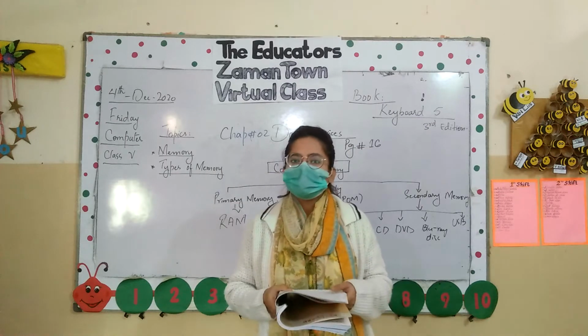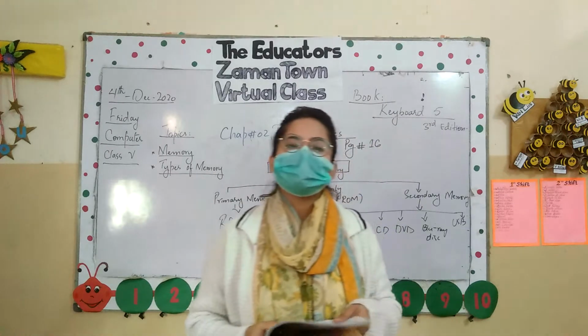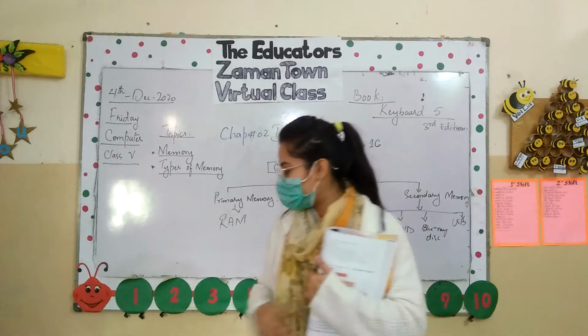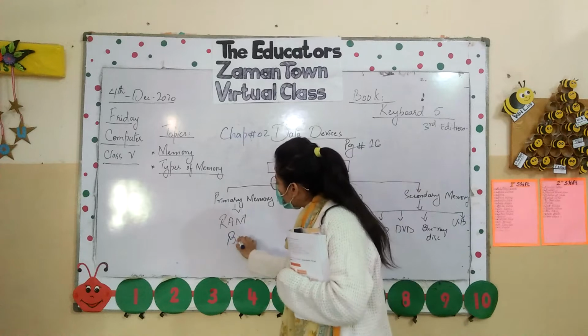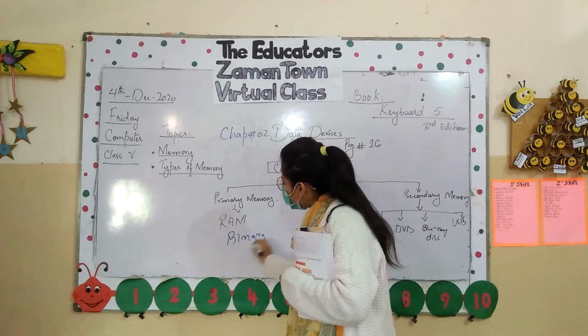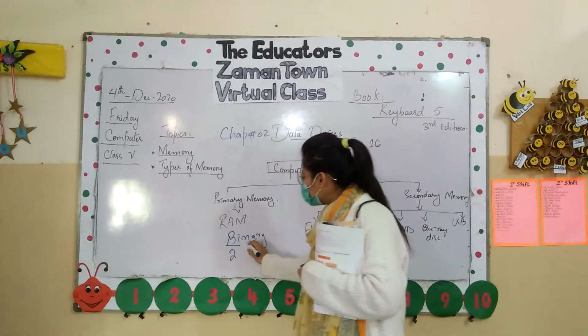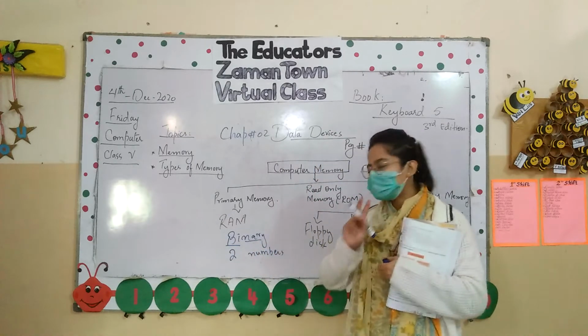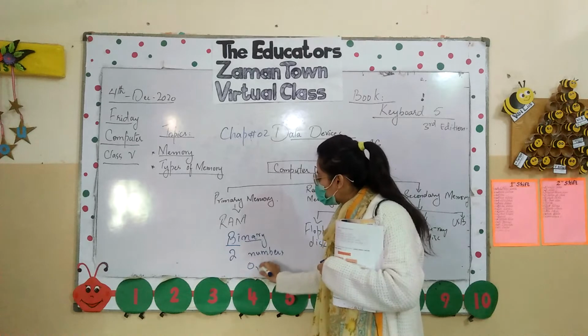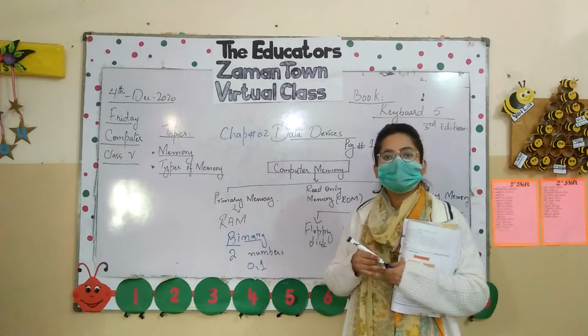Binary digits. What are binary digits? We have discussed in the previous class that binary means we have two numbers. How? Bi means two and nary means number. So it means the computer performs through these two numbers, 0 or 1.